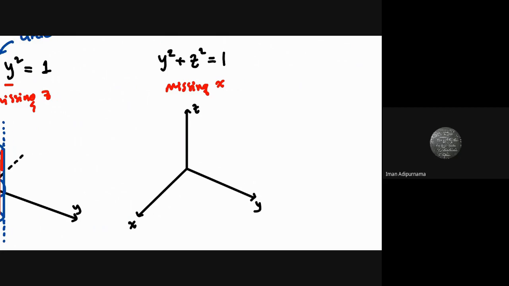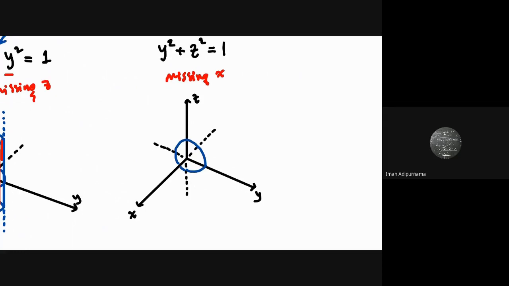Now we are looking at the YZ plane circle, and in terms of x, it will extend infinitely in the positive and negative directions. So if we want, we can draw a circle like that, and maybe another circle here, and maybe here.